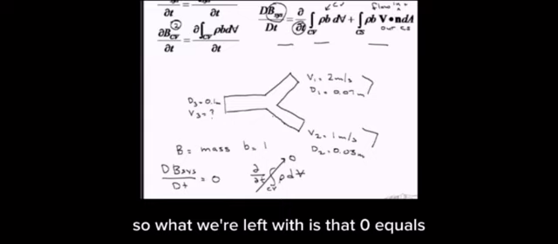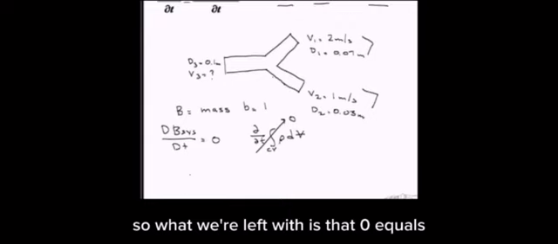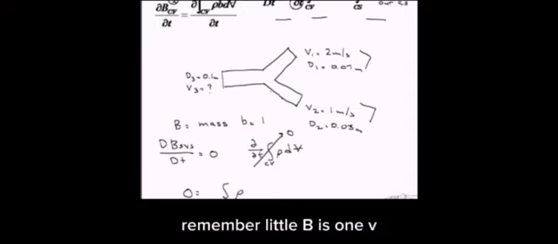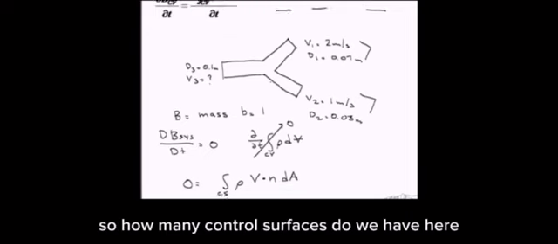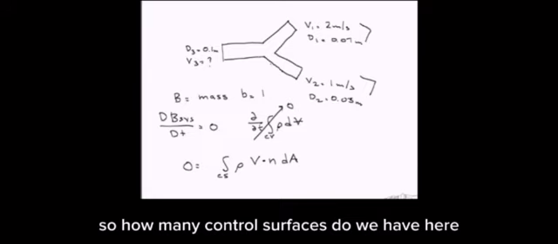So what we're left with is that 0 equals the integral over all of our control surface of rho, remember little b is 1, v dot n, which is the dot product of the velocity and the unit normal coming from the control surface, times dA. So how many control surfaces do we have here?